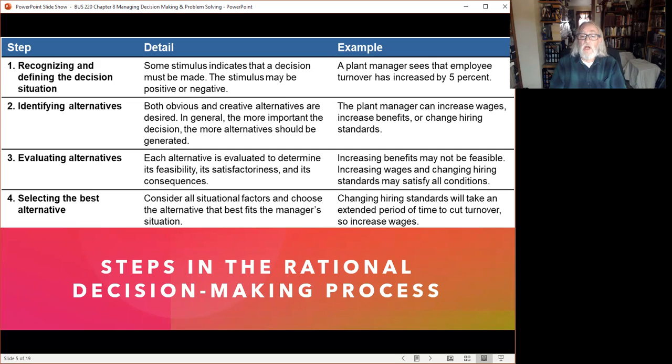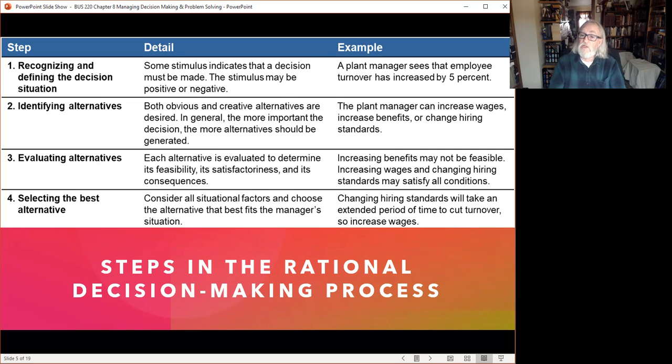Now, changing hiring standards might be also a feasible option. But if we try and be more careful, take longer to recruit and select when we do, this is a long-term project. And then we will have to, of course, monitor the progress of those employees, see how long before they leave the company if they do, and so forth.